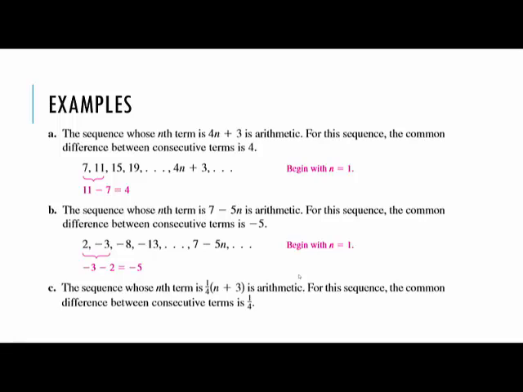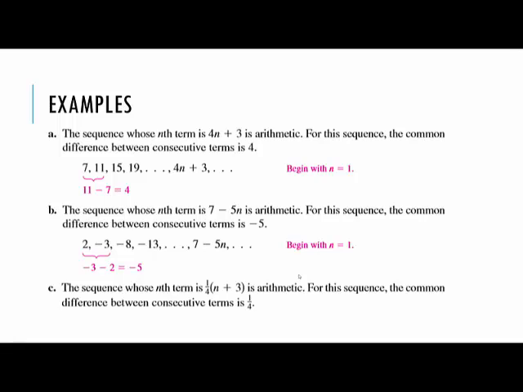And however many 4s it's up depends on the number of the term in the sequence. So, for example, if you begin with n equals 1, by plugging in n equals 1, you get 4 times 1 plus 3, which is 7. So the first number of the sequence is 7. Then the second one is 11, and the third is 15, and so on and so forth.